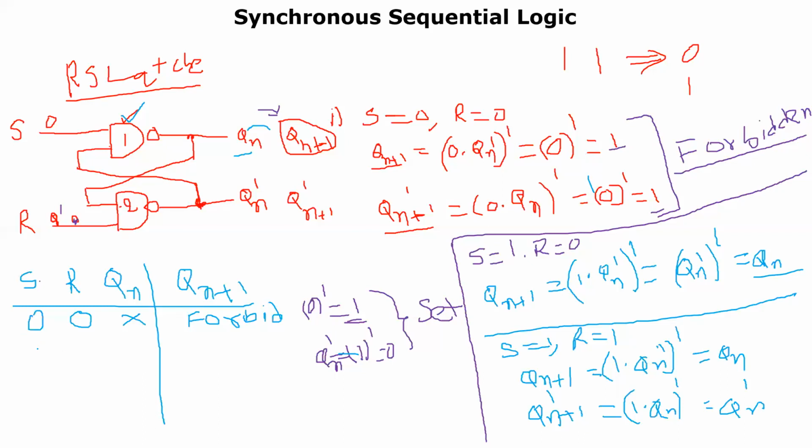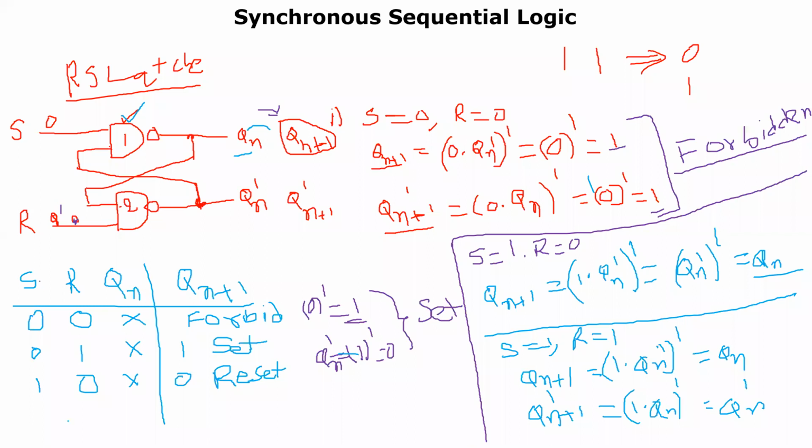Then if you submit 0, 1, we don't know what the present state value is, because the present state value could not be known to you. In this situation, you may get 1, which is called the set state, and 1, 0 will be sent to you. So it could be 0, which is called the reset state.